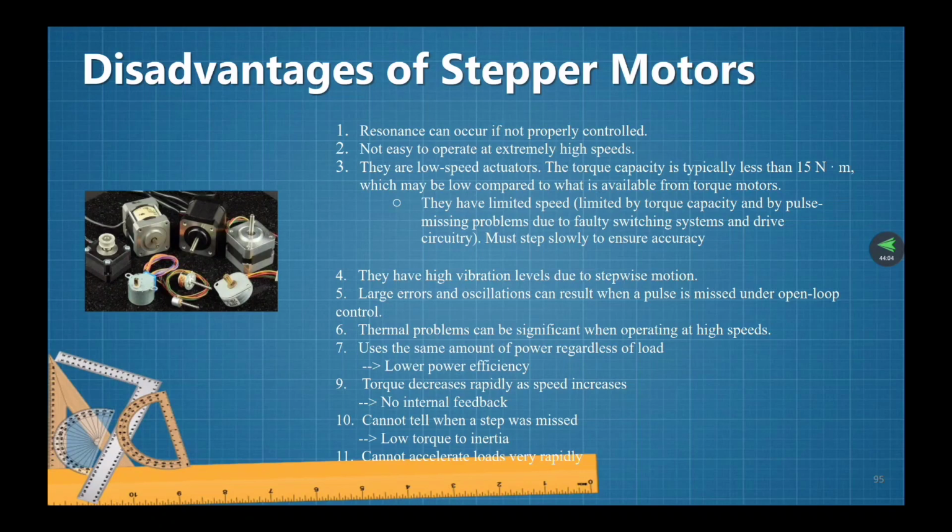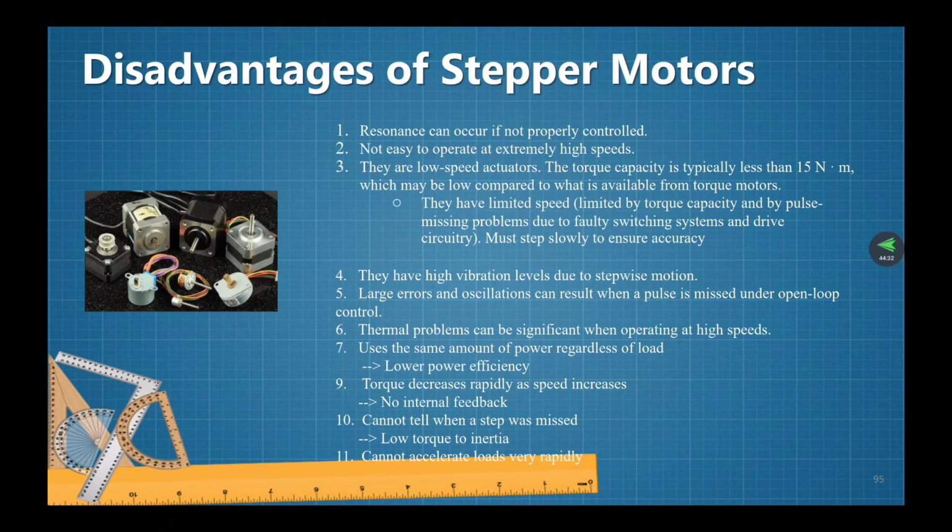They have limited speed, limited by torque capacity and by pulse missing problems due to a faulty switching system and drive circuitry. They must step slowly to ensure accuracy. They have a high vibration level due to the stepwise motion. Large error and oscillations can result when a pulse is missed under open loop control.